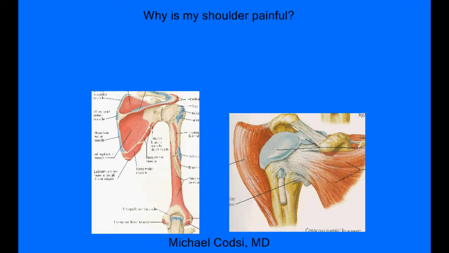Here is a picture of the bone of your arm, and on the top of that bone is the ball of your shoulder, and that articulates with this small little cup right here, and that attaches to your shoulder blade here. This bone right here is something you can often feel if you put your hand behind your back, and this is the spine of the scapula, and that curves around to the front, and then that articulates. There's a joint right here, and that articulates with your collarbone right here.